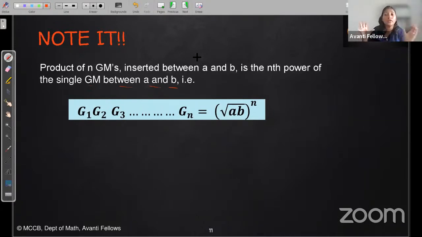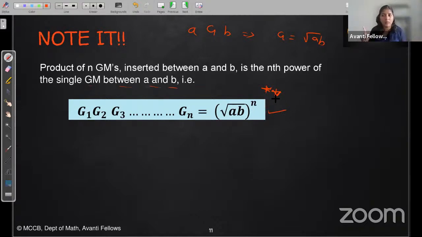Then the product of all those geometric means will be equal to the nth power of the geometric mean between A and B. Previously we discussed, if G is the geometric mean between A and B, then G will be equal to root of AB, a single geometric mean. So the product of these will be equal to (root of AB) whole raised to n. Try to remember this.